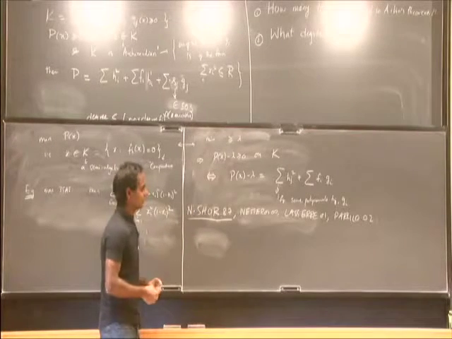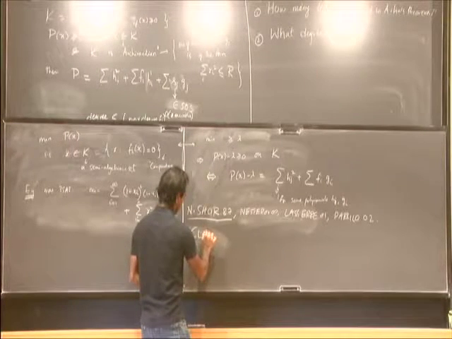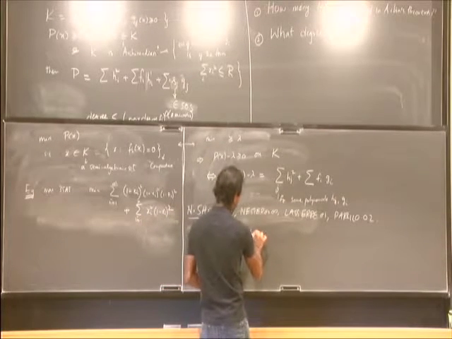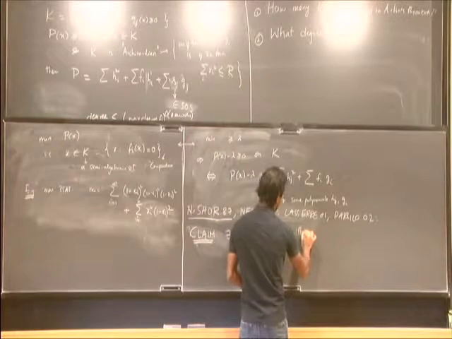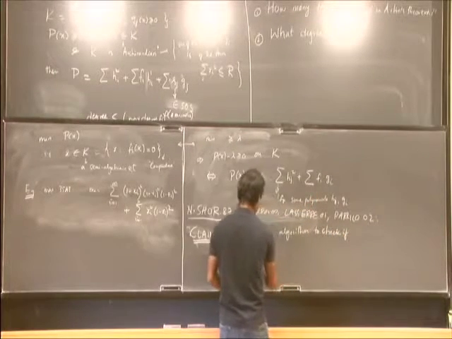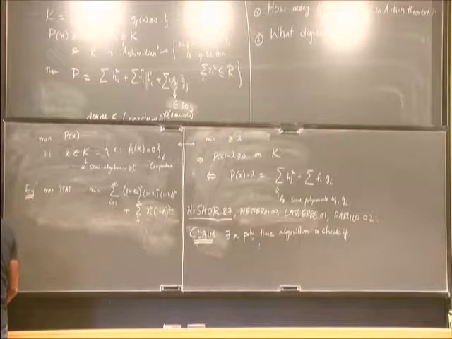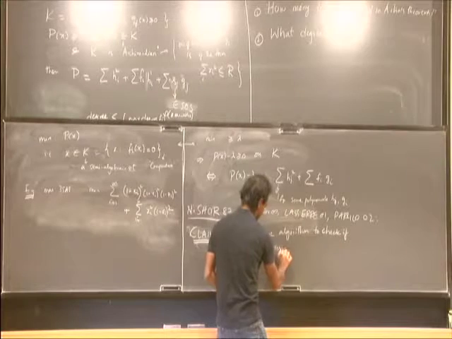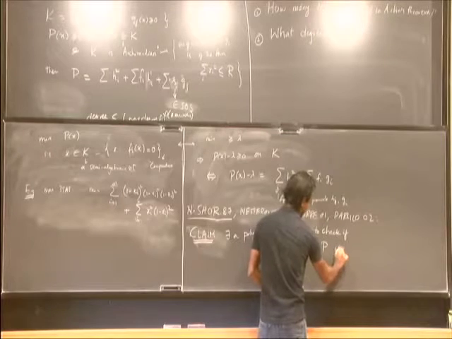And the core observation is the following. The fundamental fact here that we'll exploit repeatedly is the following claim. There exists a polynomial time algorithm to check if a given polynomial P is a sum of squares.